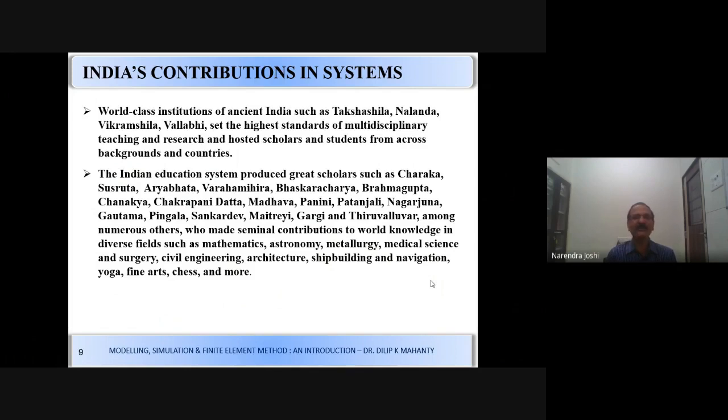This gives a concept of what they did. They actually developed systems and understood the basic parameters I talked about, like entity, attribute, process, and they made contributions in various fields like astronomy, metallurgy, medicine, civil engineering, architecture, shipbuilding, navigation.